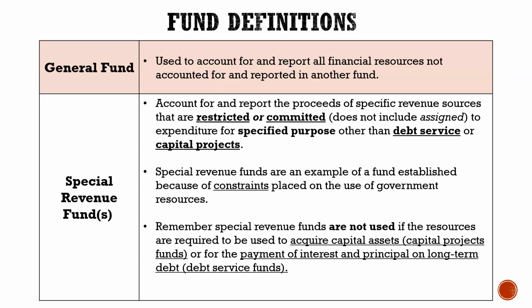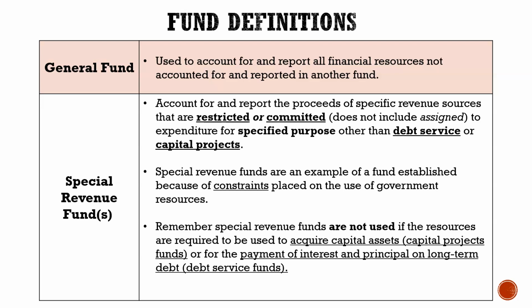So it's kind of just a residual fund. What's left? What's the excess? What doesn't go somewhere else? Then it goes to the general fund. If you are working through problems and for some reason you cannot find another fund that you think monies or resources fit into, in all likelihood, it belongs in the general fund.